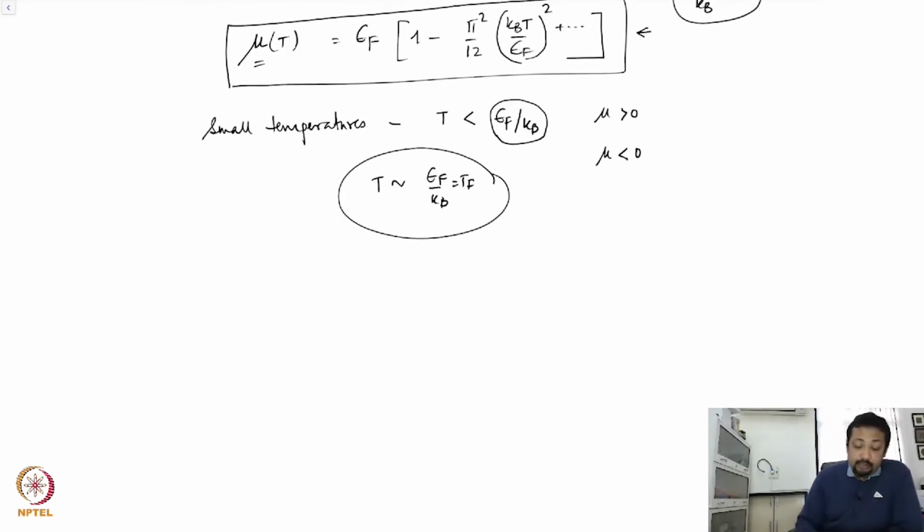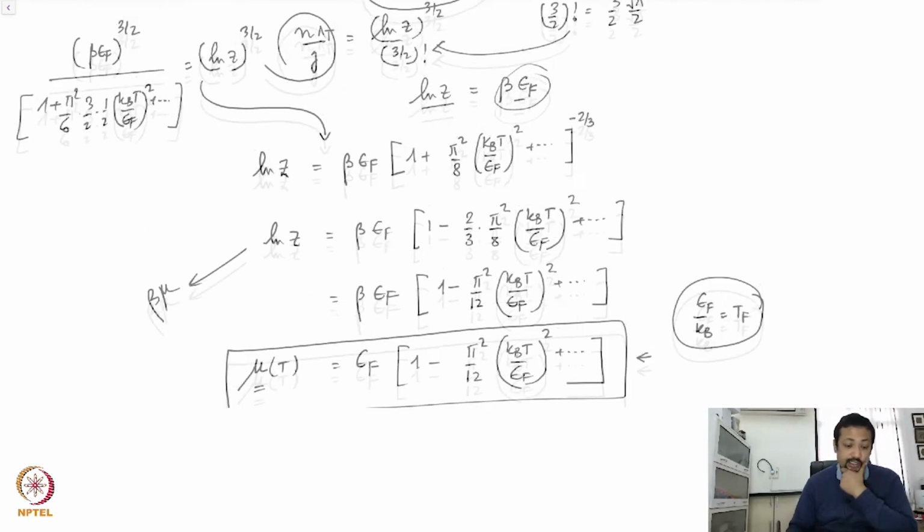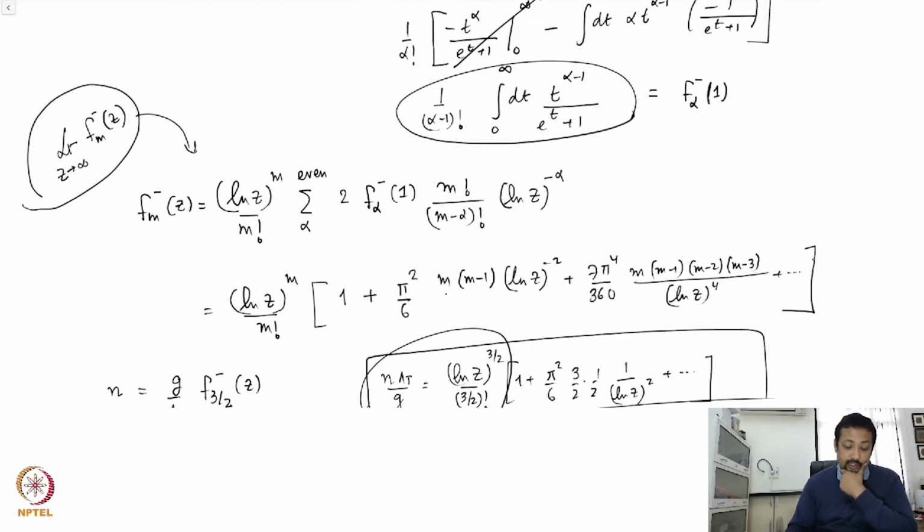Now our next interest lies in looking at the pressure. So I know that beta p is g over lambda_T f_{5/2}^-(z), and I am looking at the low temperature expansion, and therefore I am interested in the expansion that we did a little while ago, right? This is the one.